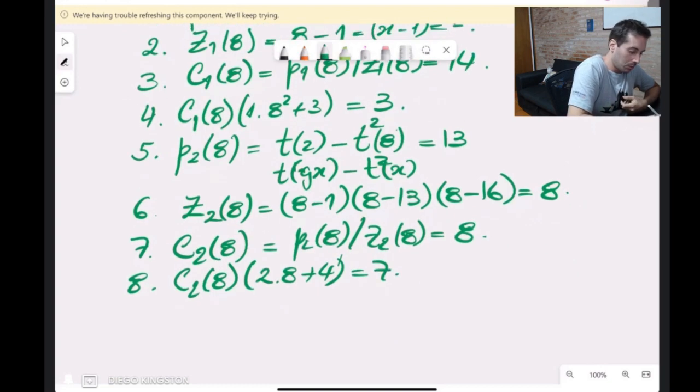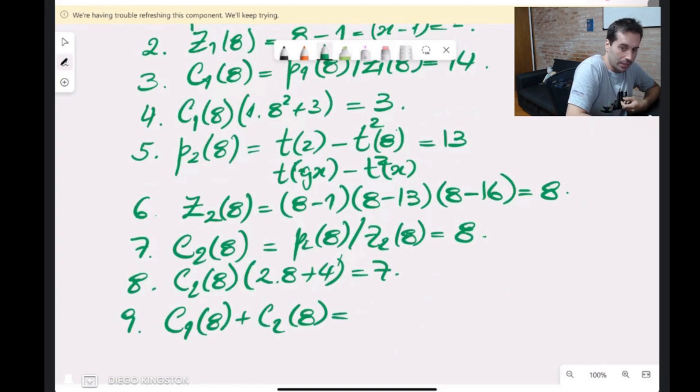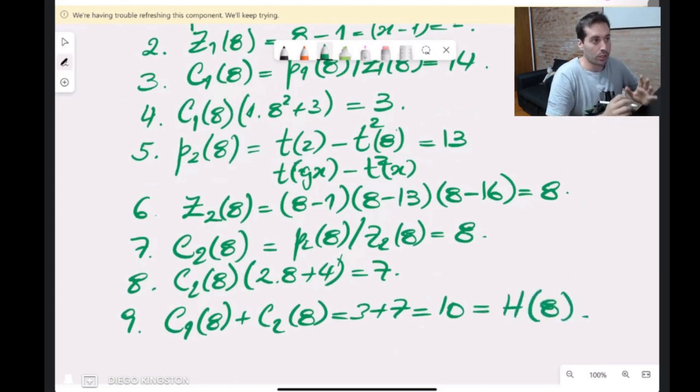And so we can now do C1 of 8 plus C2 of 8, and this is 3 plus 7, which is 10, and this just matches the evaluation of h of 10. So what we showed is that the trace and the composition polynomial are related.